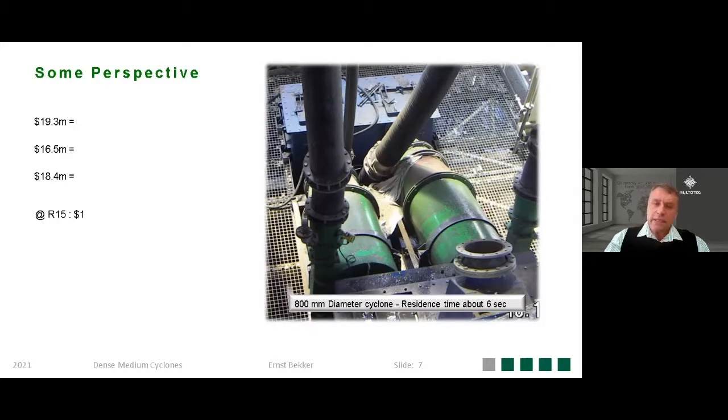untidy, but these two units are 800 millimeter diameter cyclones, and the residence time of a particle in a dense media cyclone is roughly about 6 seconds. So if we take this value of the diamonds, then the processing value per second is quite significant.